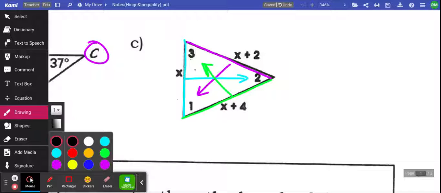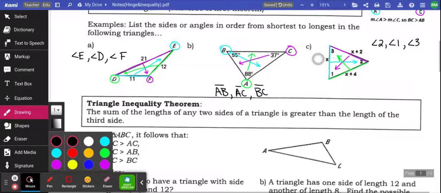Angle 2. You guys agree? Angle 2, perfect. The next one, Madison. Angle 1. Angle 1, you guys agree? Yes, and so that must mean angle 3 is the last one. Questions about this? No? Okay.